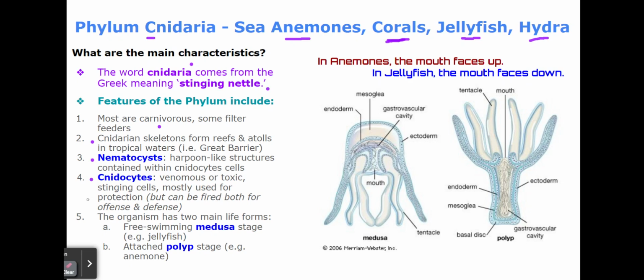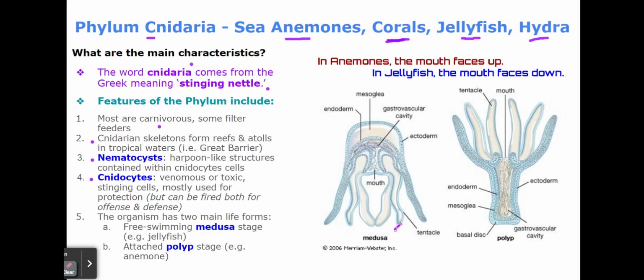The organism has two main life forms. A cnidarian is a transformer. The free-swimming Medusa stage, or the jellyfish, is one part of its life.